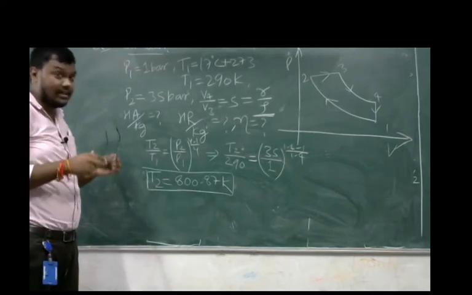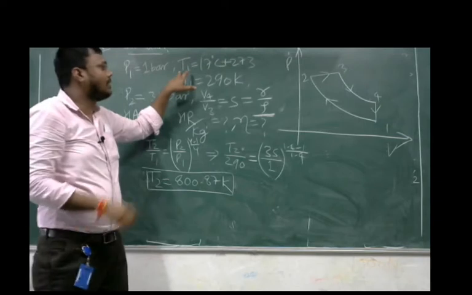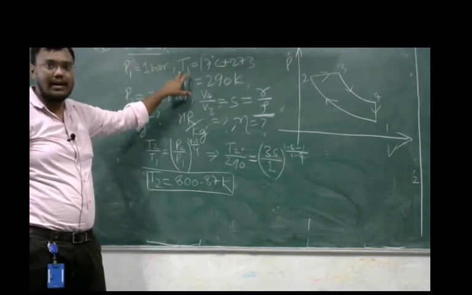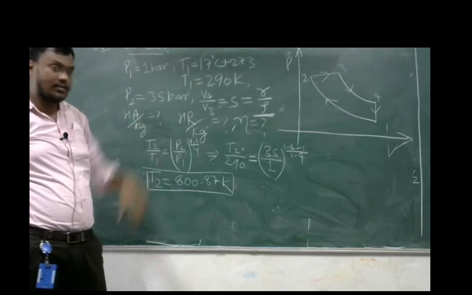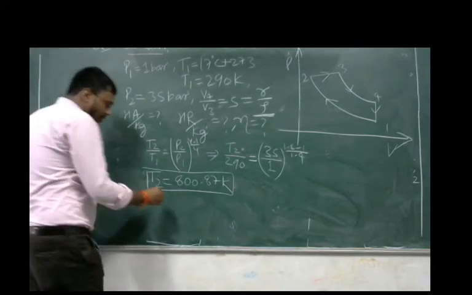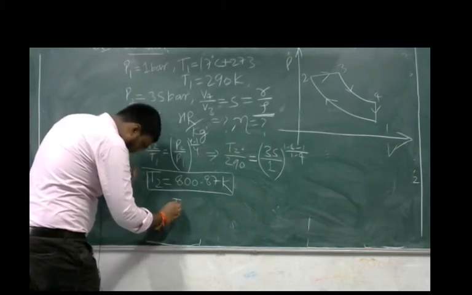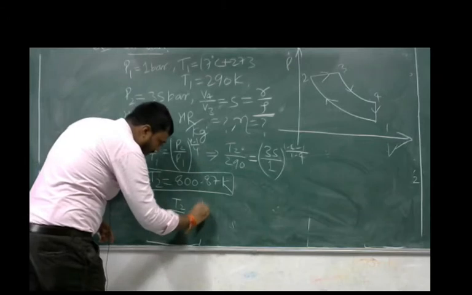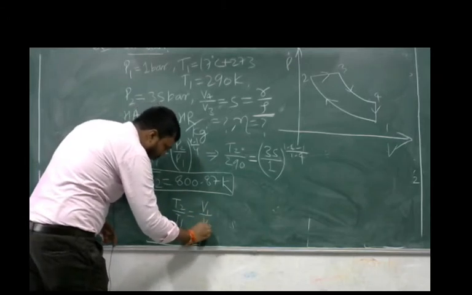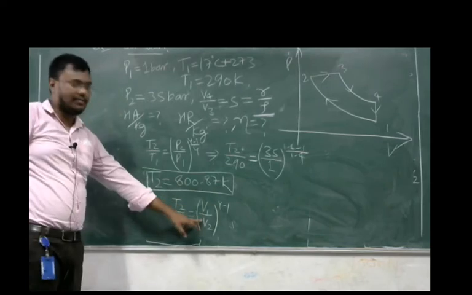With the help of this T1 and T2, we can calculate the value of compression ratio r. We know the formula: T2 by T1 equal to V1 by V2 to the power gamma minus 1, and V1 by V2 is nothing but compression ratio r.